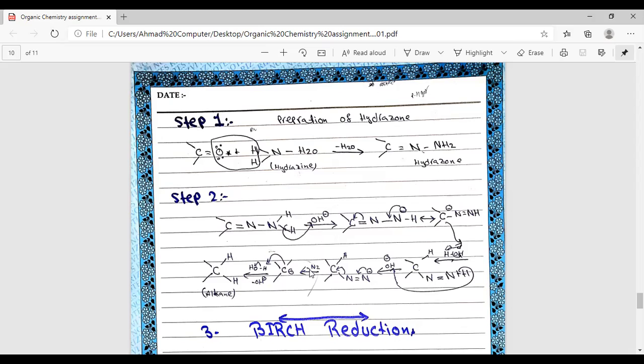When the nitrogen is evolved, we get the carbanion. Again the carbanion abstracts a proton, and at the end we form the alkane. So this is the process to form the alkane from the hydrazone, that is, from the carbonyl compound to the alkane.